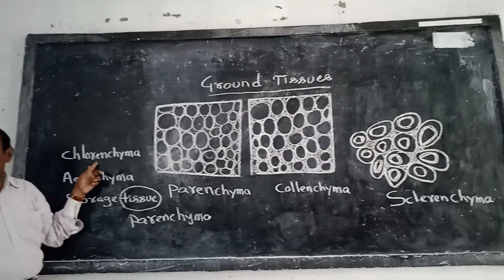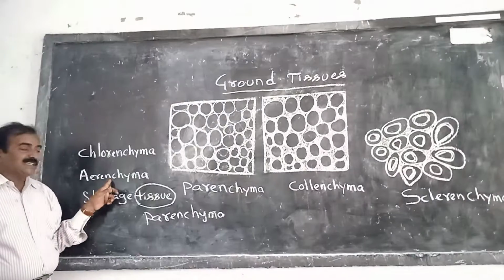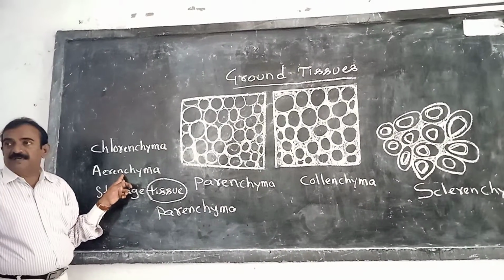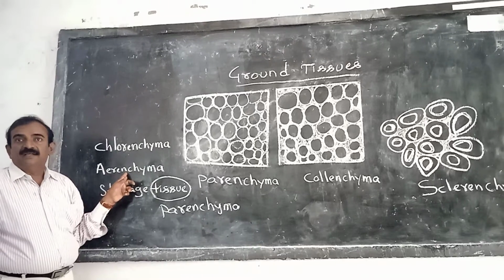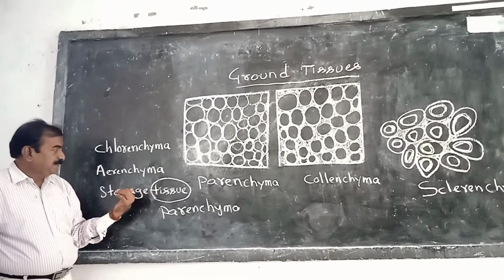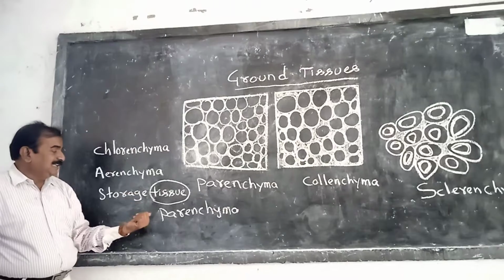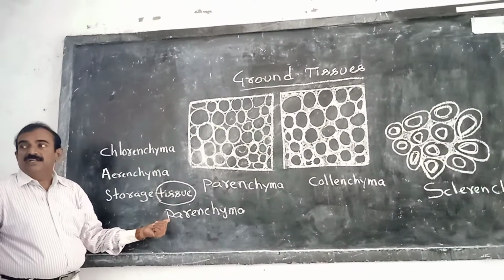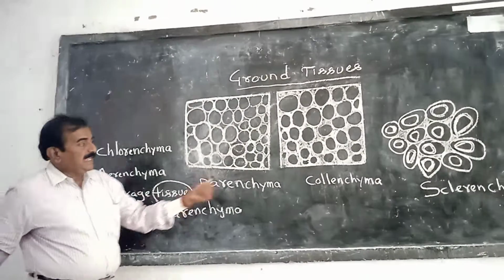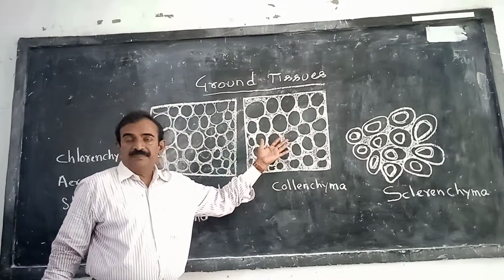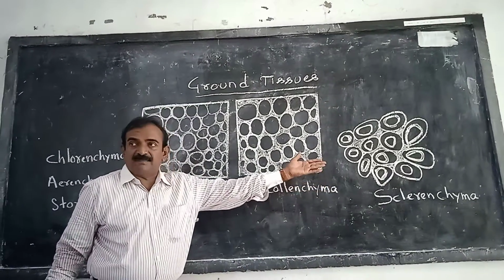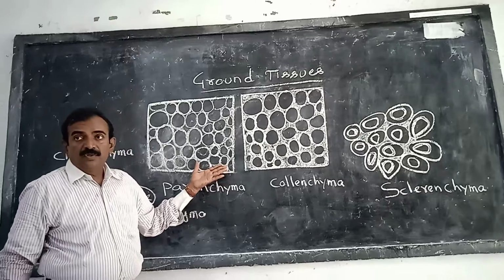They prepare food, having chloroplast. Aerenchyma has air spaces and makes the plant float on water. Storage parenchyma stores food. Next, collenchyma has thick walls, and sclerenchyma is much thicker than these two tissues.